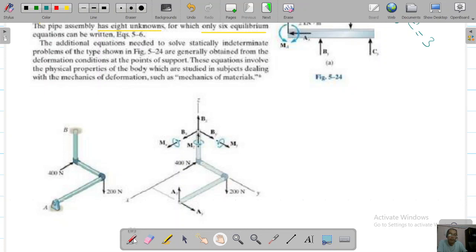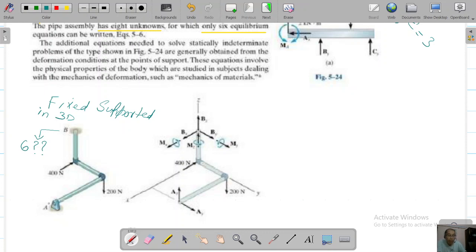Since it is fixed supported in 3 dimensions, as you have already studied, how many unknowns will you have? You will have 6 unknowns, and you can count them: 1, 2, 3, 4, 5, 6.